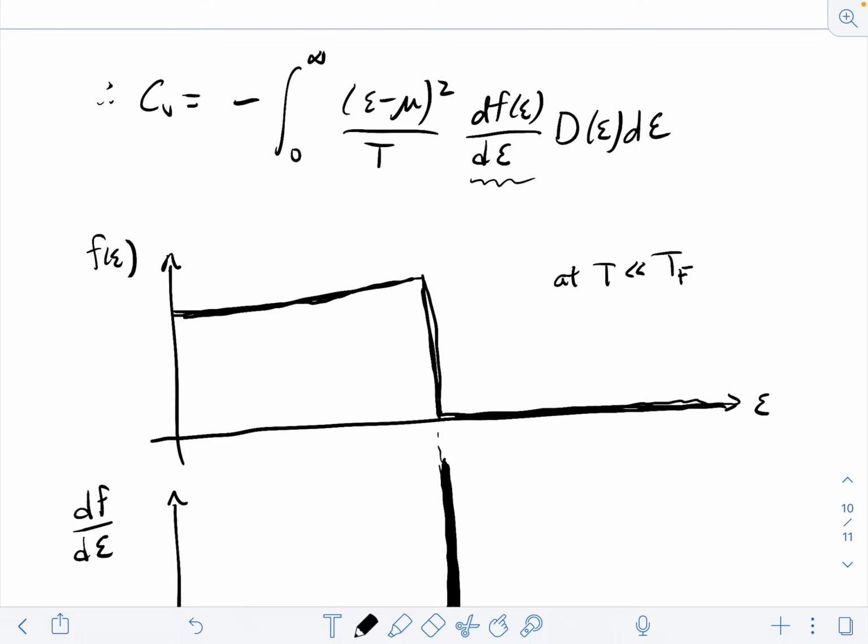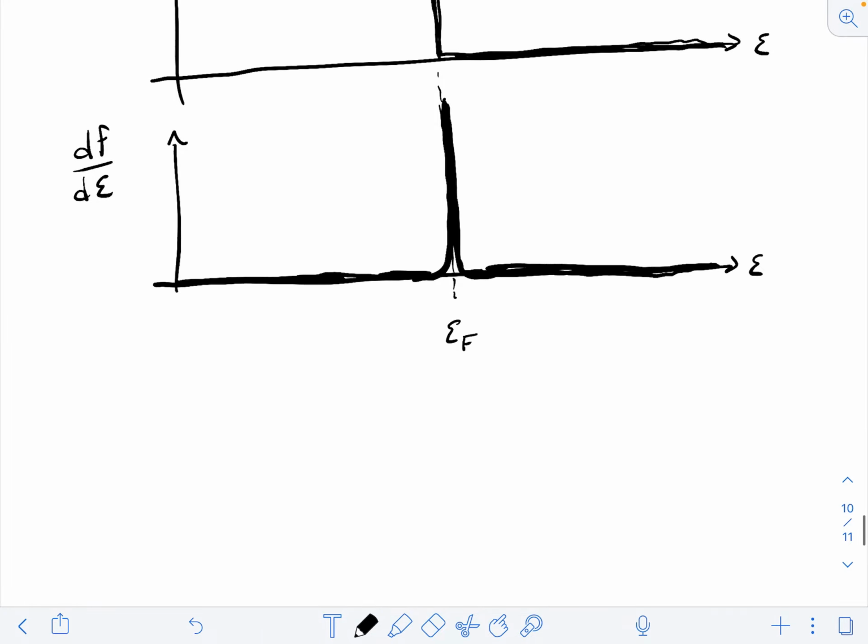But this is huge only at one particular value. And so because it's so strongly peaked, the contributions at different energies are relatively weak. And so we're going to make an approximation by taking this density of states and including the value only at the Fermi energy, which is the most important energy in our calculation.